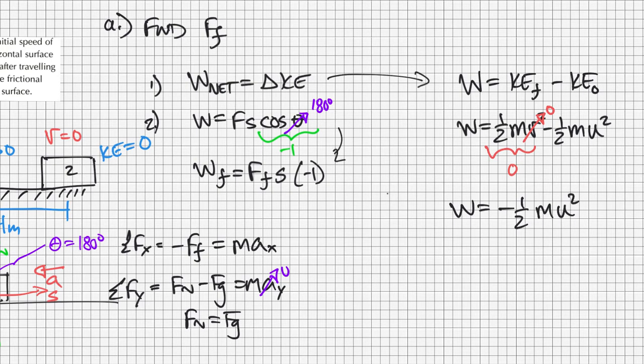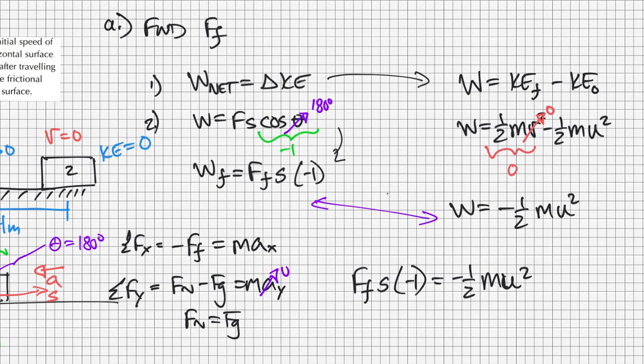That's how I'm going to use this first equation. My second equation builds here, and what I know is that the work is the work done by friction. So I can put these two equations together. I get that the force of friction times the displacement times -1 is going to equal the work done, which is -1/2 m u squared.